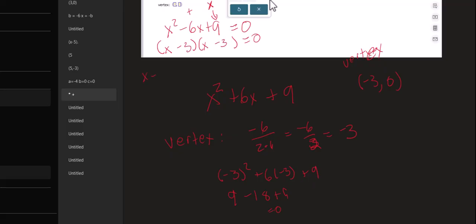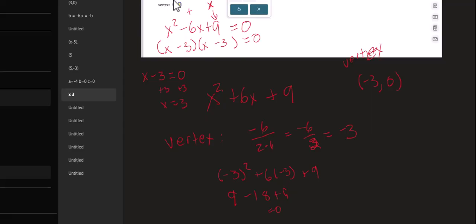You set those equal to 0. X plus 3 equals 0. Subtract 3 from both sides. X equals negative 3. So we get the same thing on both of these, so there's just one intercept. X equals negative 3. You can also use the quadratic formula.